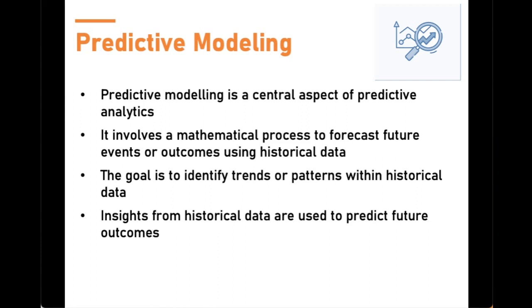This mathematical process analyzes historical data with the goal of identifying trends or patterns and then using those insights to predict future outcomes.